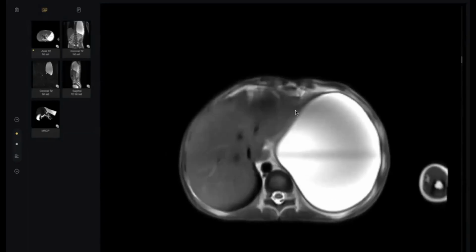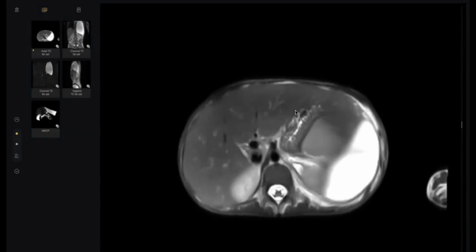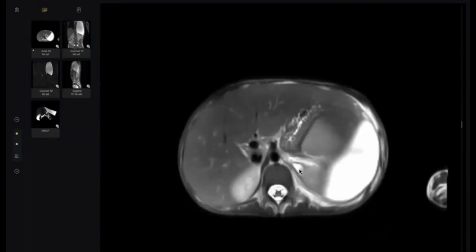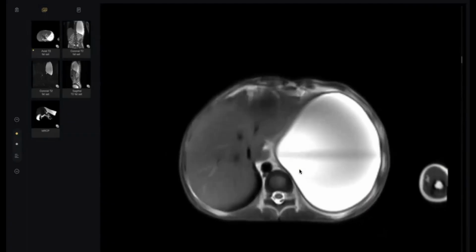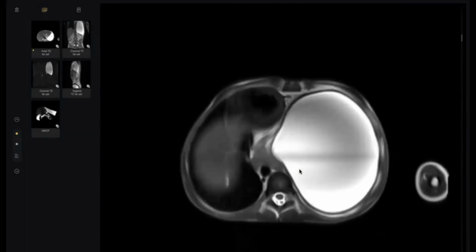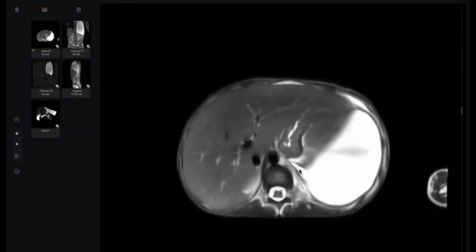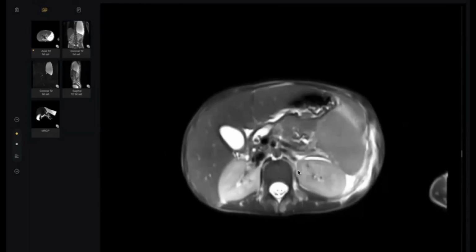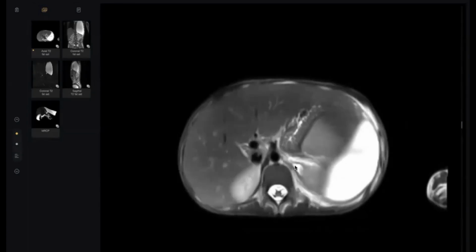Follow. This is communicating to the peripancreatic region. Go down again. There is a fistula tract. This one, yes. Fistula spread.